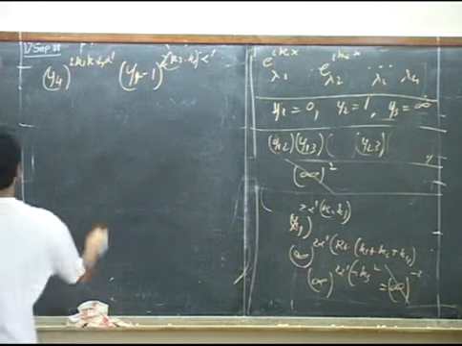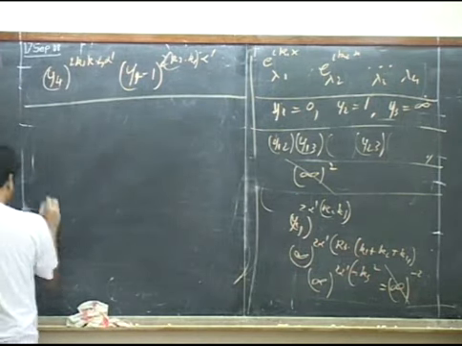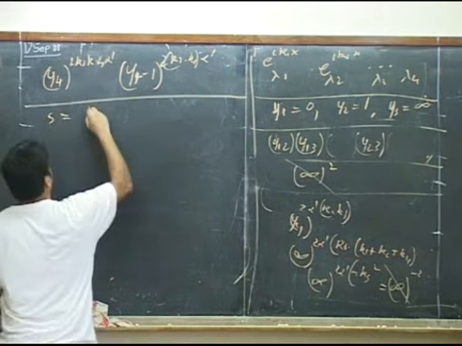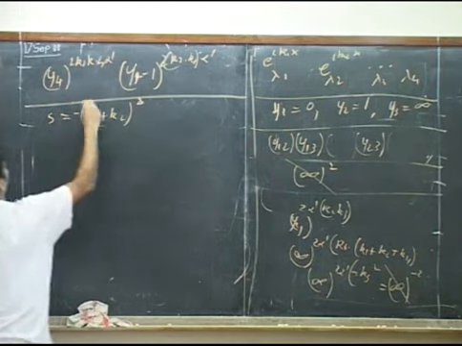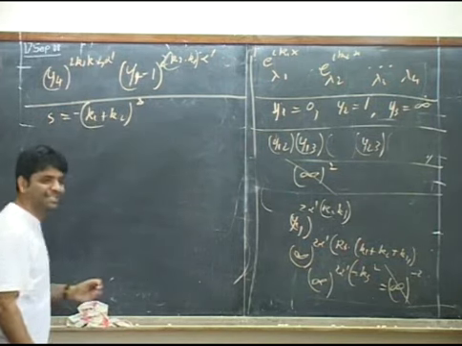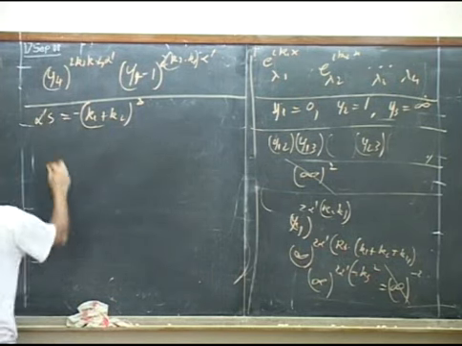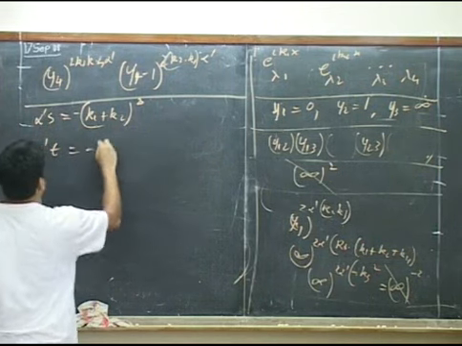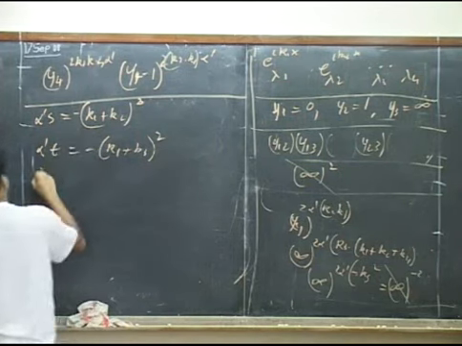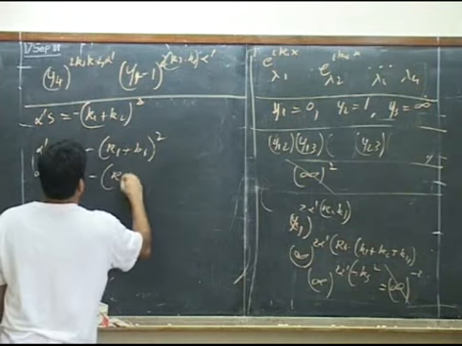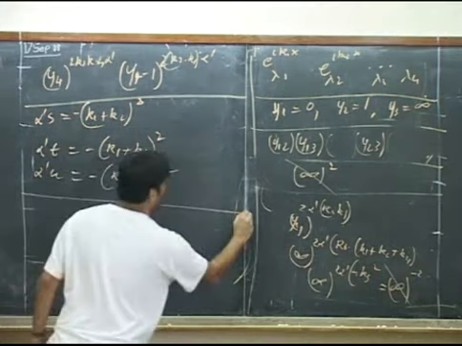Okay, now very quickly some kinematic analysis. Our usual definitions: S is equal to minus k1 plus k2 the whole thing squared. And let me differ from Polchinski to write a non-dimensionalized alpha prime. Alpha prime t is equal to minus k1 plus k3 squared. Alpha prime u is equal to minus k1 plus k4 squared.